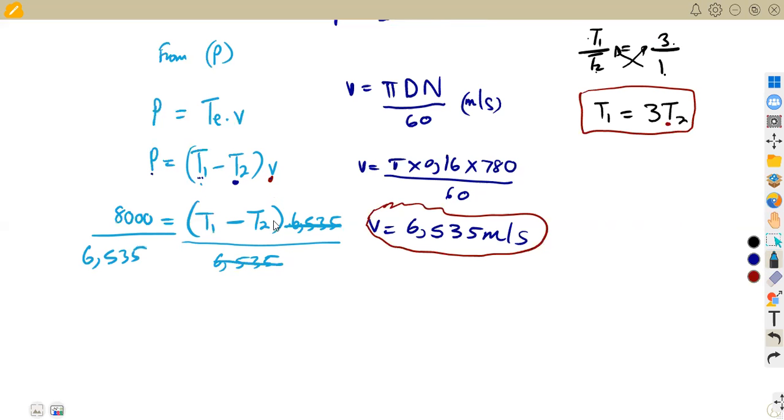And we remain with an expression that T1, in this case, we are going to divide. Even before we divide, guys, let us do it this way.